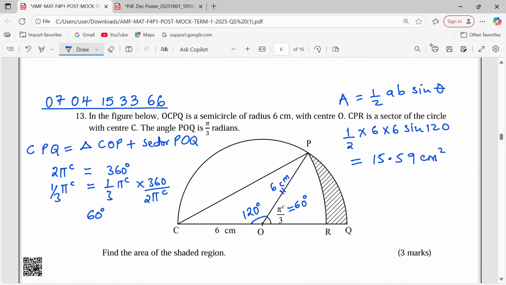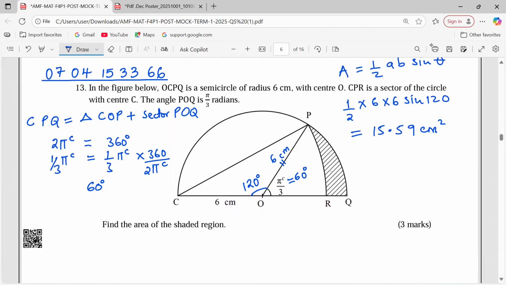square centimeters. Then when we go to the sector, the area of a sector is given by theta over 360 times pi r squared. So we'll be having 60 out of 360 multiplied by pi. You can use 3.142.